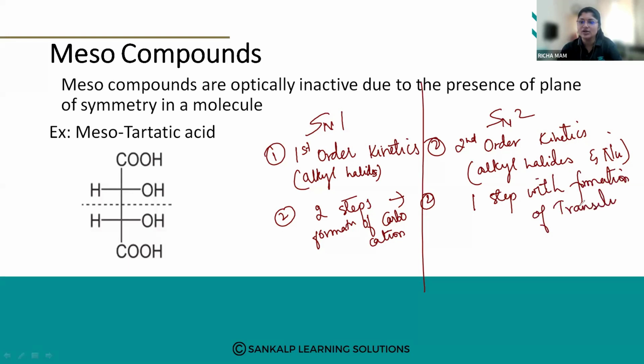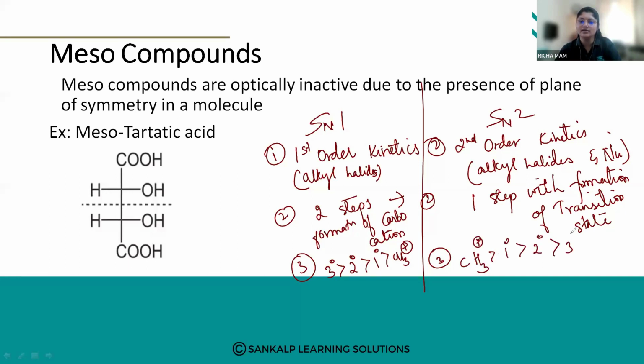Next is the order of reactivity of alkyl halides. For SN1, tertiary alkyl halides are more reactive than secondary, then primary, and then methyl, because of carbocation stability. And for SN2 it is methyl, then primary, then secondary, and then tertiary.